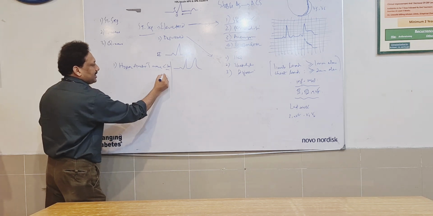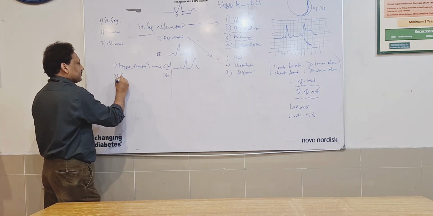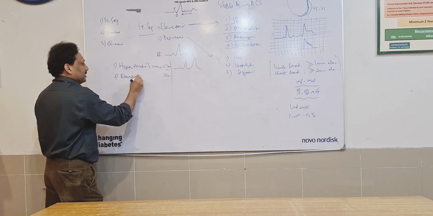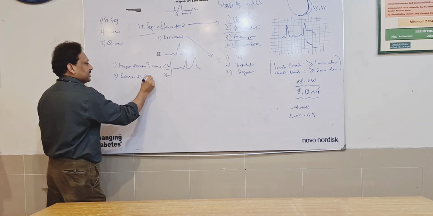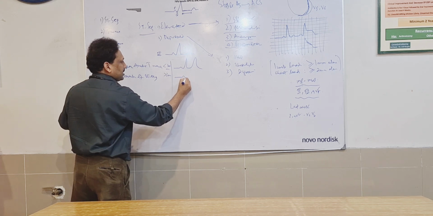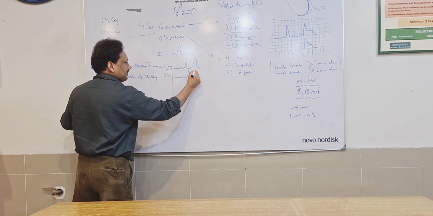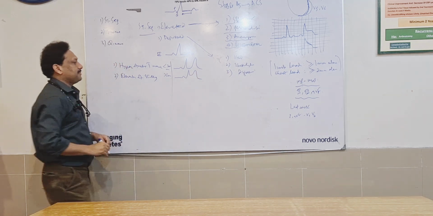ST doesn't elevate yet. Then at greater than 30 minutes, the second stage is elevation of ST. Now ST will elevate like that. Here is the elevation, the T wave is like that, and this is the picture.